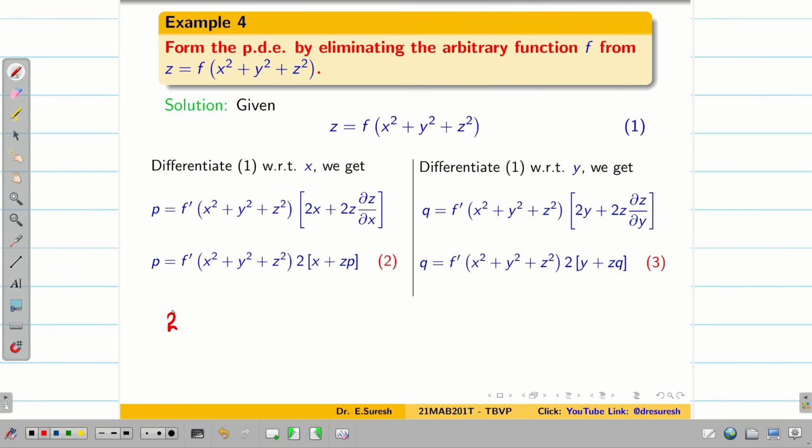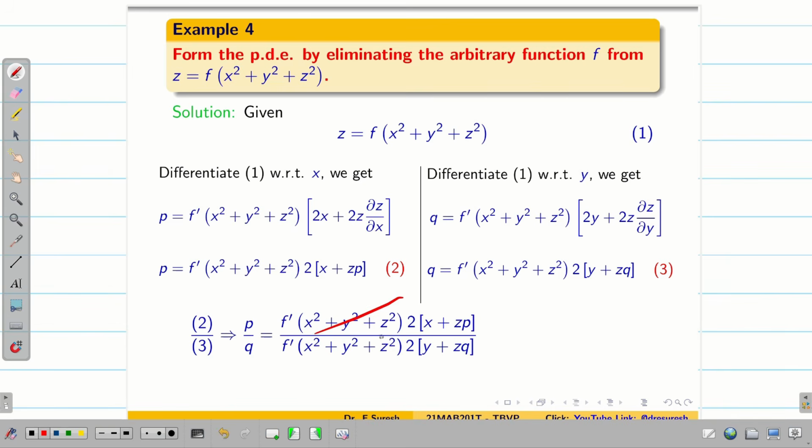Now I am going to divide 2 by 3 and I will get the PDE. It is not necessary that you divide 2 by 3. You can even push all the other terms except f dash to one side in both equations, and we can eliminate the function f dash. So equating this, I can cancel f dash. So we get p by q is equal to x plus zp divided by y plus zq.